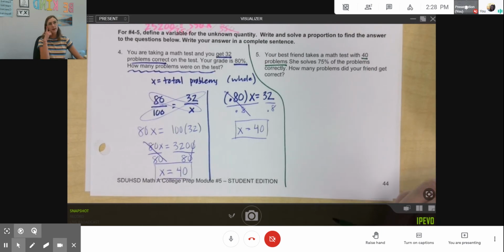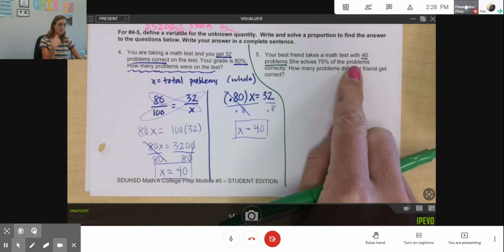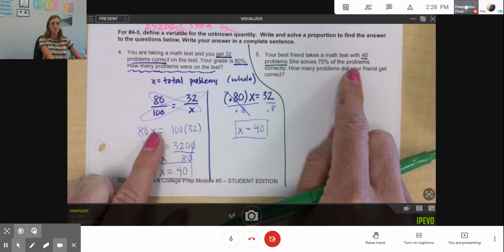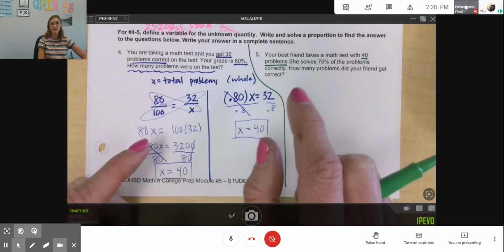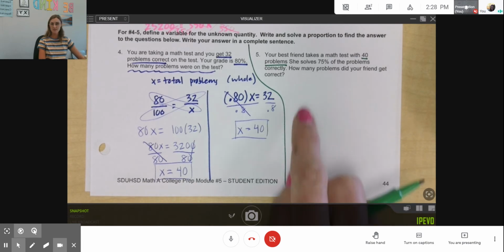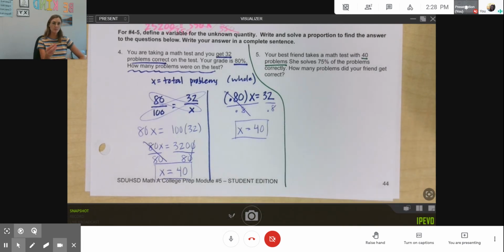Well, right away, you should think, if this test had the same number of problems as this test, is your friend going to solve more or less problems than 32? If she got 75% and you got 80% over here, right away you should realize she solved fewer problems correctly than 32.